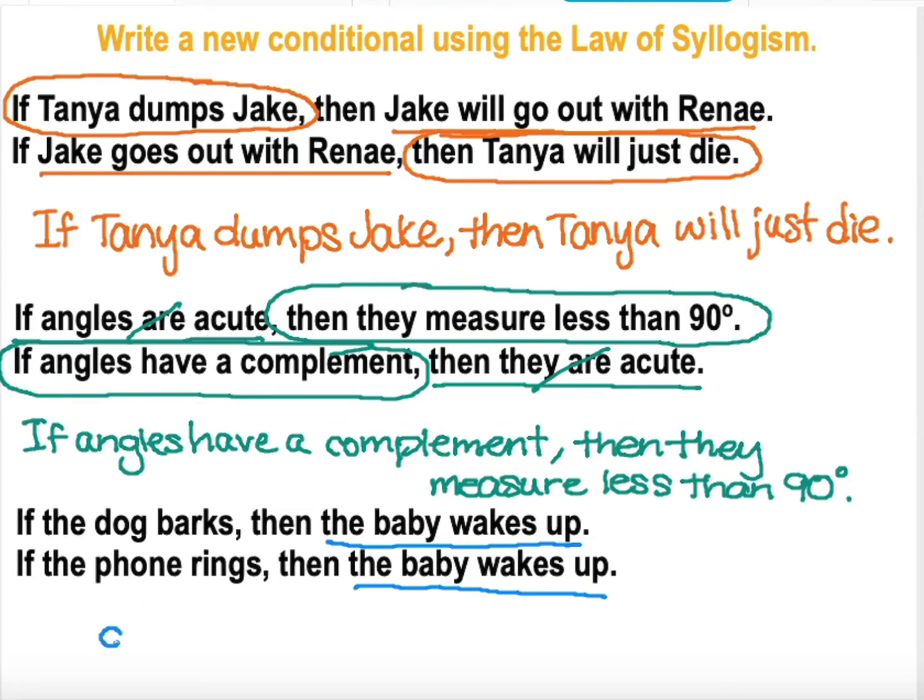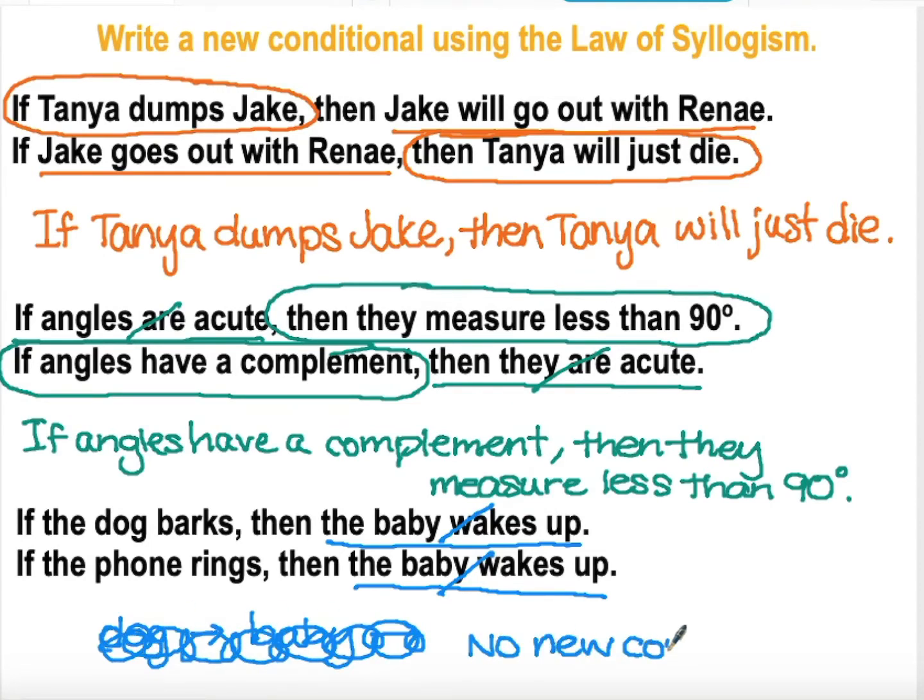This one has the dog barking leading to the baby waking up, but we don't have anything that comes off of the baby waking up. We would need that to say if the baby wakes up, then something happens. So it doesn't work to form a new conditional if the thens are linking up. We can't really use that, so we would say the law of syllogism does not apply.